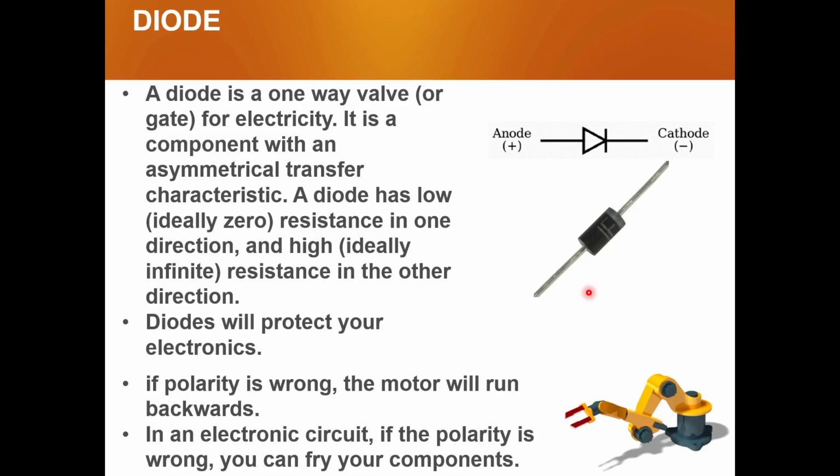If your motor is to rotate in the forward direction and you connect it opposite, the motor will not work in the forward direction. The current will only flow in one direction, so it will start moving in the backward direction. In an electronic circuit, if the polarity is wrong, you can completely fry your components. Okay, so be cautious in which direction you are adding any component.